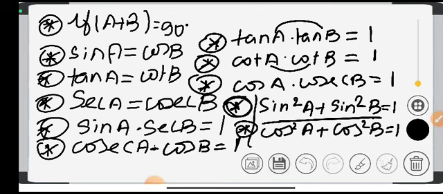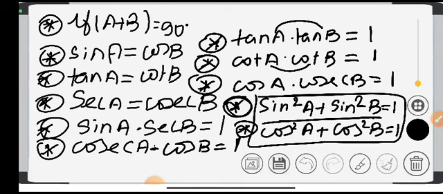How this one came, you should find. This is your work. Okay, how these both of them came. So remember all these resultants, this one is very important.